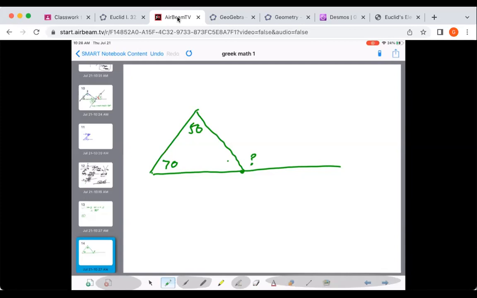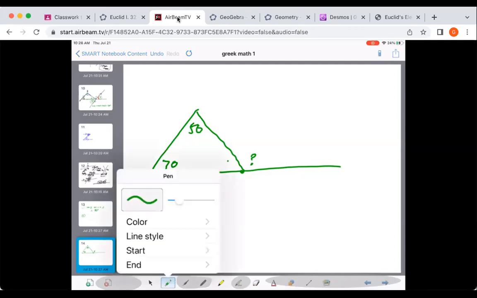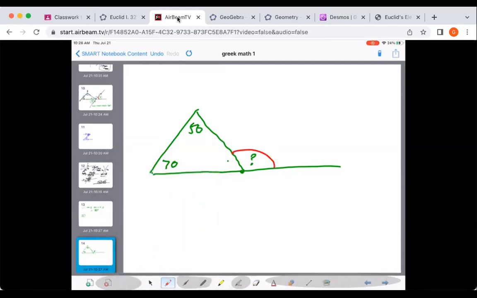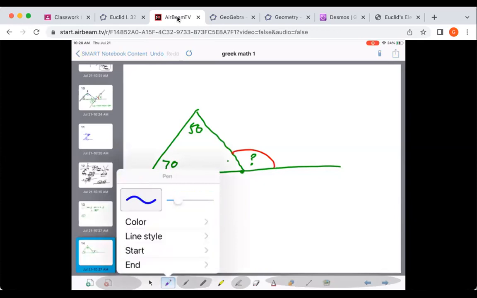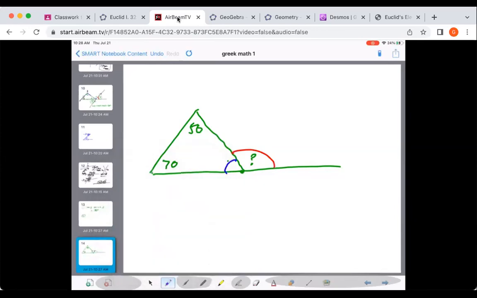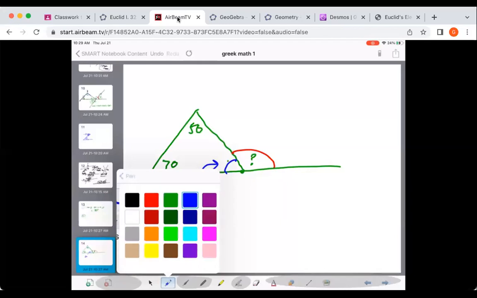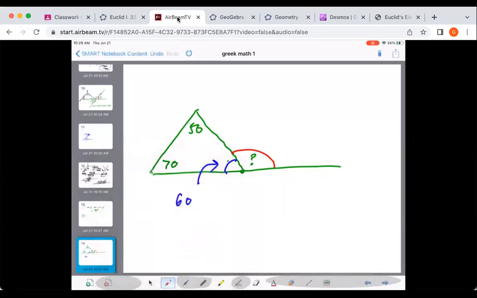Now, one way to get at the 120 is to say that this angle is supplementary to whatever this angle is. And that angle has to be 60 because the three angles add up to 180, which means that these two angles have to add up to 180 also, so it adds up to 120. Notice, though, that the 120 is 50 plus 70.